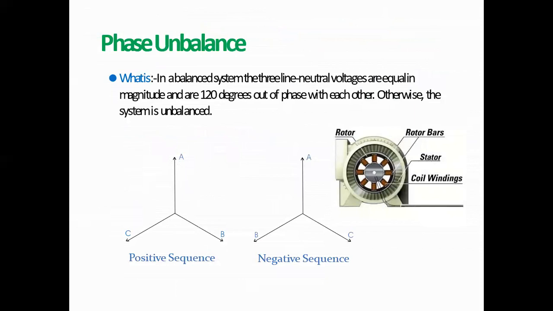Phase unbalance. What is phase unbalance? In a balanced system, the three line-neutral voltages are equal in magnitude and are 120 degrees out of phase with each other. Otherwise, the system is unbalanced.